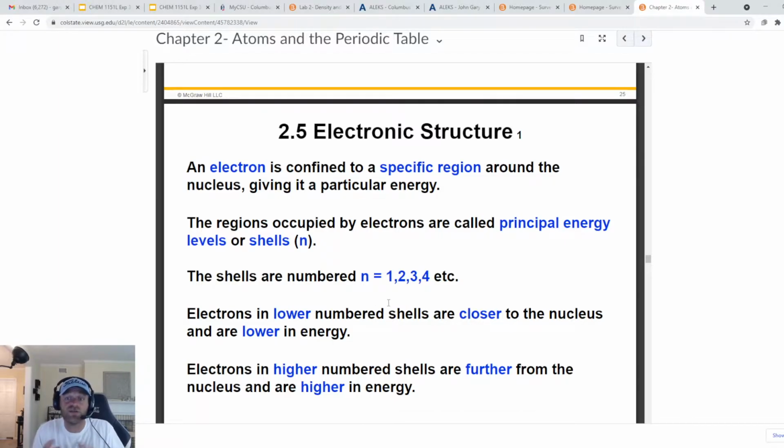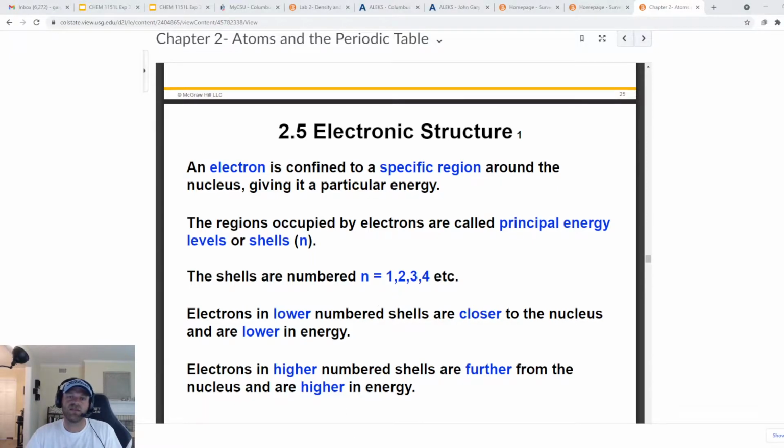And how close they are to the nucleus will determine how much energy they have. So it just counts the shells we call energy levels, principal energy levels, and they are designated with the letter N. Okay, so N equals 1, that would be the first energy level. N equals 2, that would be the second energy level, so on and so forth.